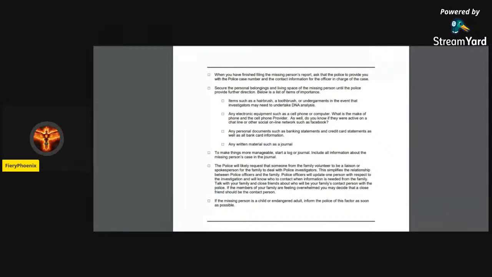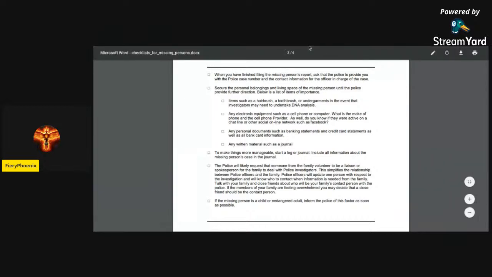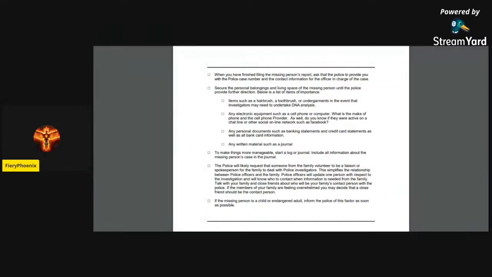See, I didn't know that. Any personal documents such as banking statements and credit card statements, as well as all bank card information. It's amazing.